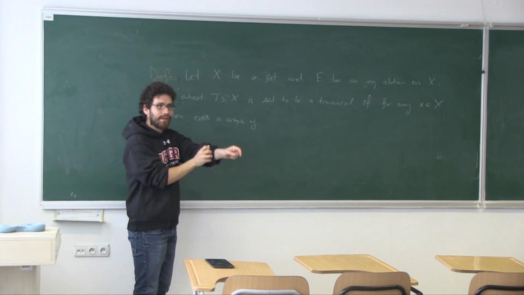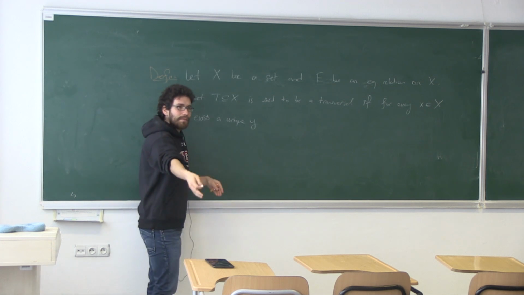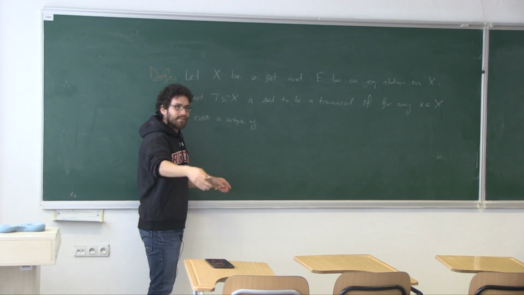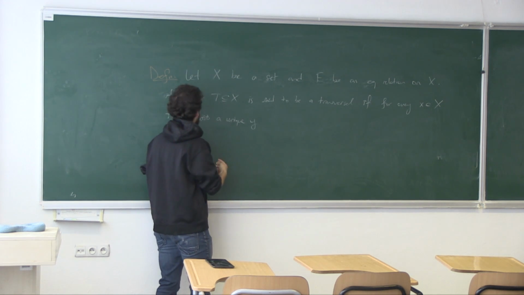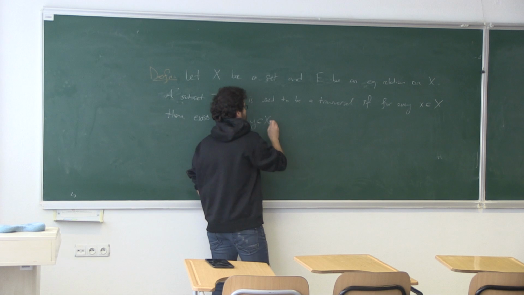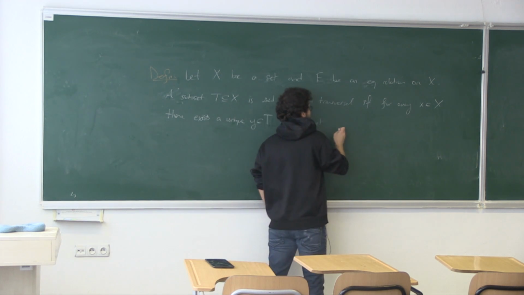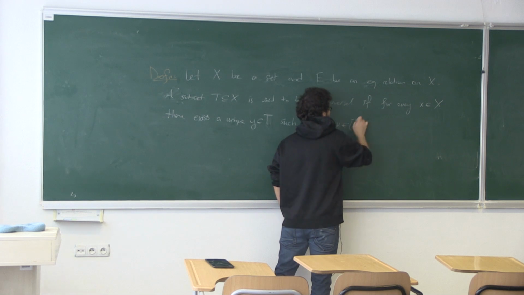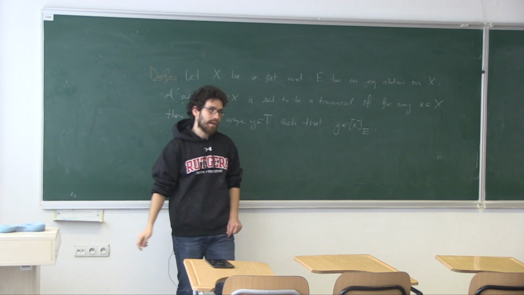So I'm going to fix those, okay? I'm realizing the typos because I'm rereading this for the second time. I'm going to fix those later. So in the notes, it doesn't say unique. It's supposed to be unique. There is a unique Y in T such that Y belongs to the equivalence class of X with respect to E.